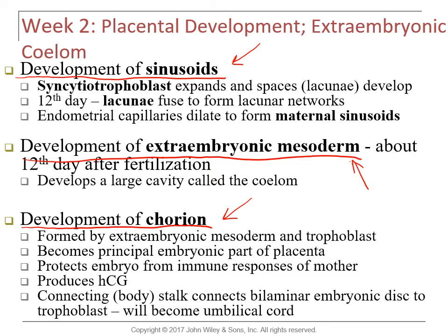The inner layer of the chorion eventually fuses with the amnion. With the development of the chorion, the extraembryonic coelom is now referred to as the chorionic cavity. By the end of the second week of development, the bilaminar embryonic disc becomes connected to the trophoblast by a band of extraembryonic mesoderm called the connecting stalk, or connecting body. The connecting stalk will become the future umbilical cord.